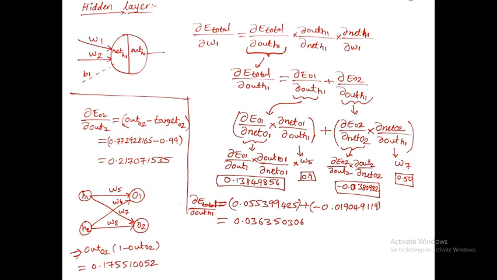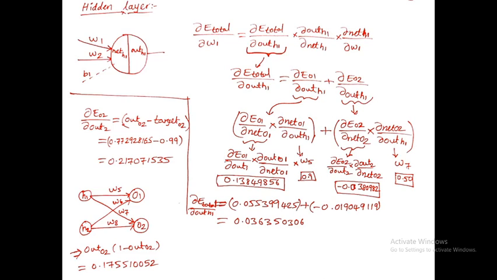Then the corresponding output at H2 is 1 by 1 plus e power minus net H2.